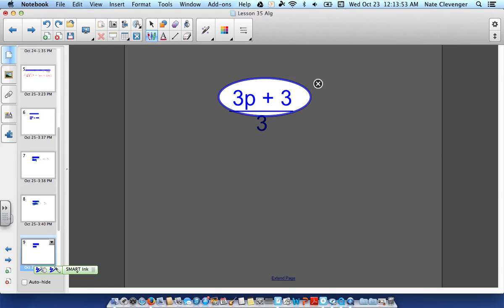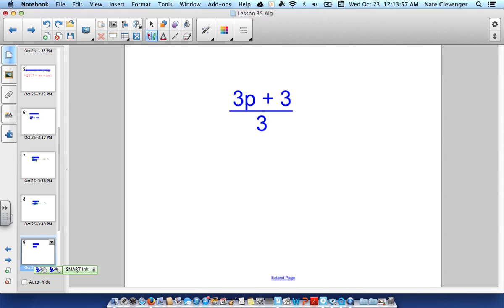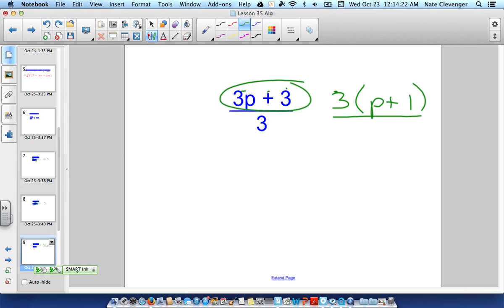I'm just looking at the 3p plus 3, and my greatest common factor is 3. So I'm going to factor the 3 out of that part, and that would leave me with 3p divided by 3, which leaves us with a p, and then the plus sign, and then 3 over 3 is 1. If you distributed 3 back through, it would look exactly like this part.